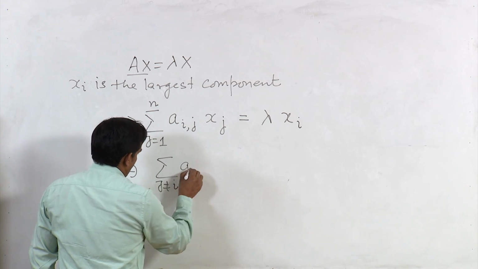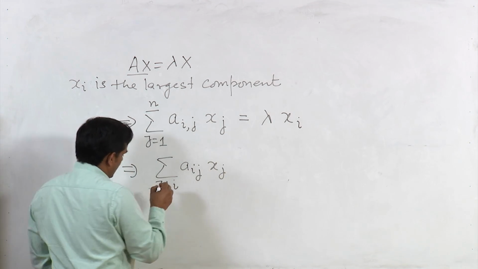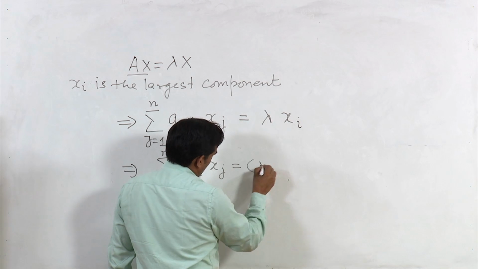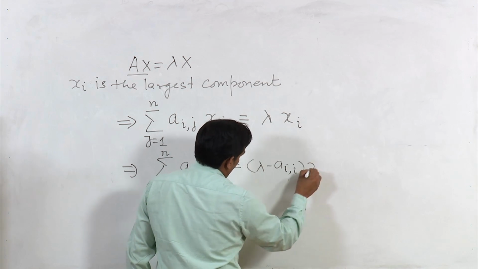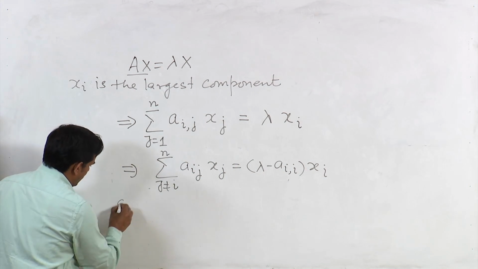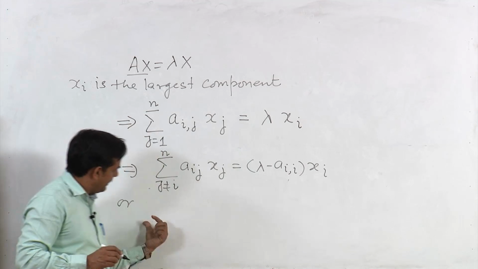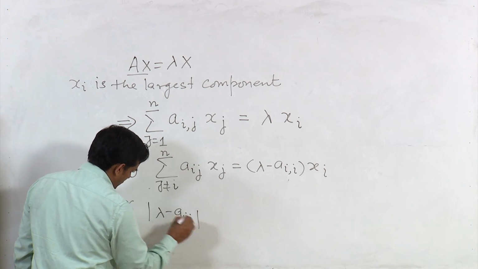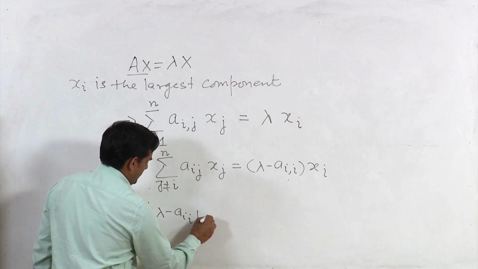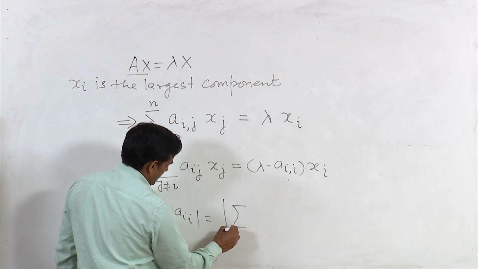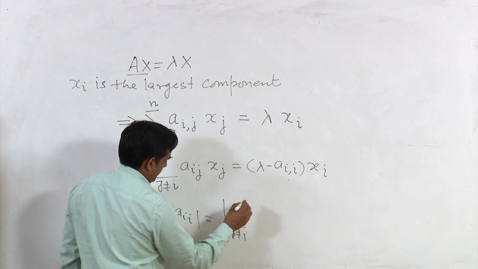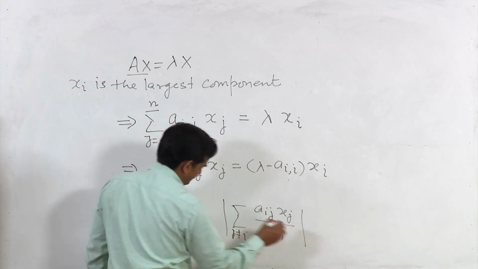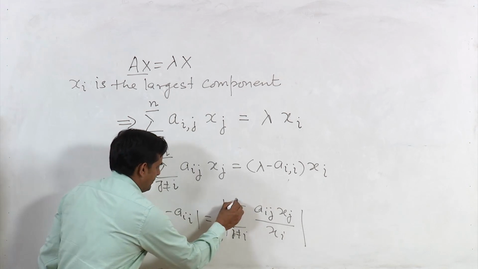So, it will become the summation of a_ij x_j, j not equal to i, from 1 to n, and here it will be (lambda minus a_ii) x_i. Taking the modulus, it will be the summation over j not equal to i of a_ij x_j upon x_i, up to n.